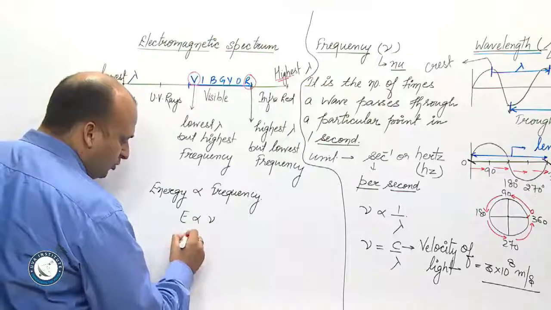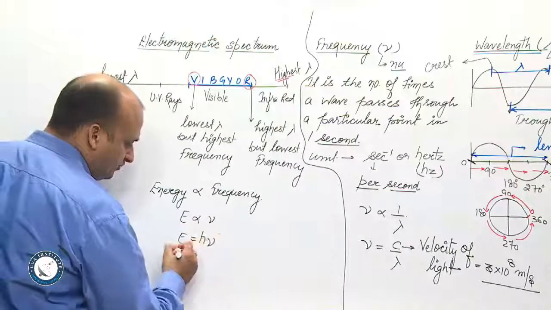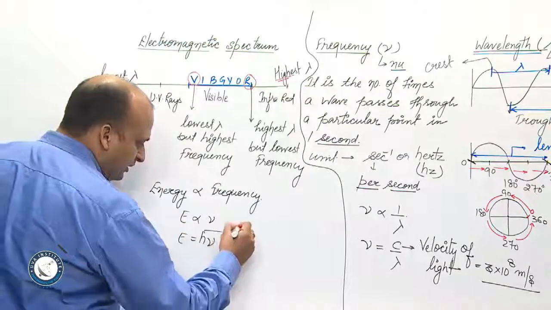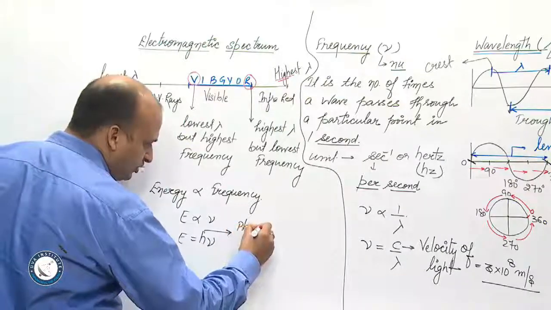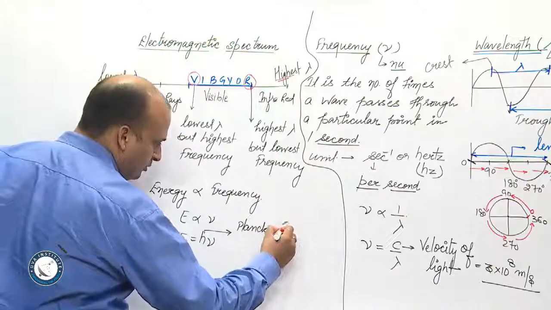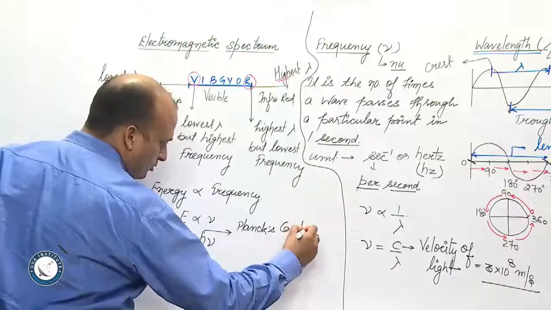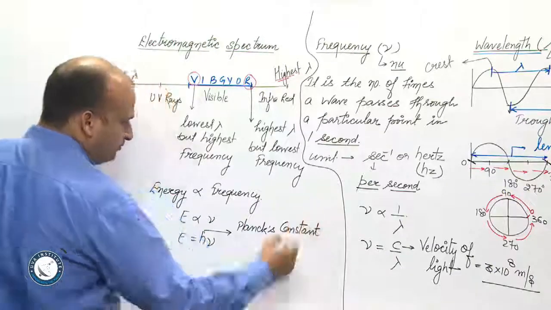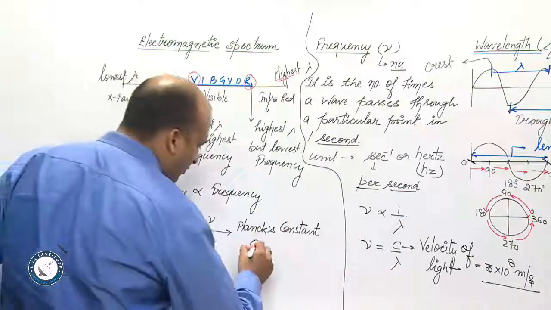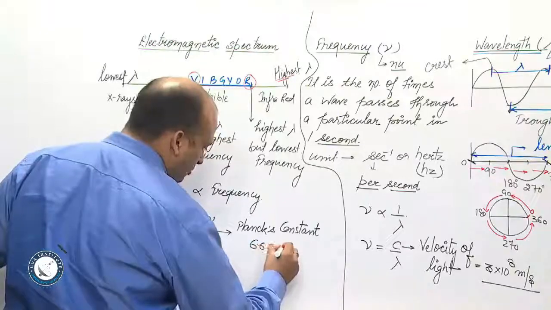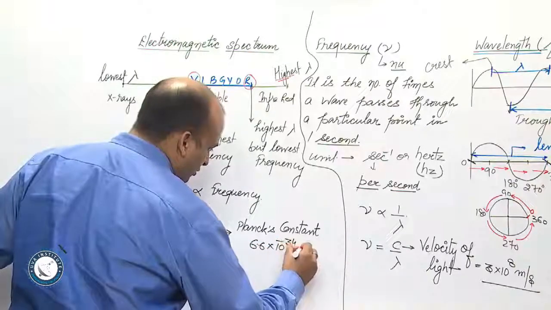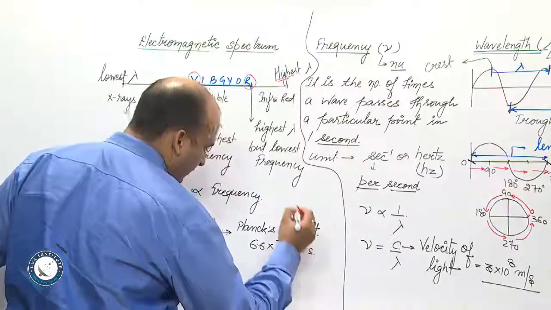When you remove this proportionality sign, you will get H nu. What is this H? H is Planck's constant. The value is 6.6 into 10 raised to power minus 34 joule second.